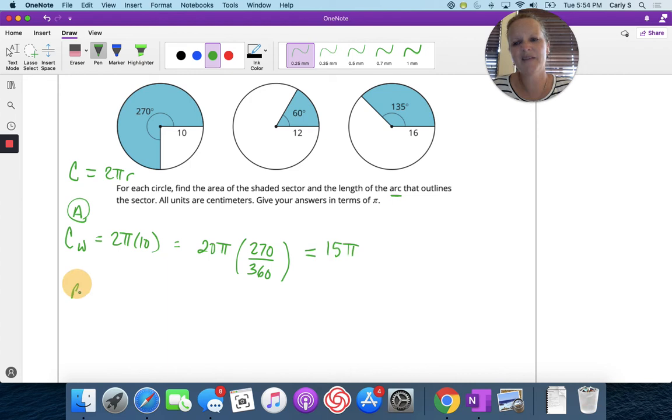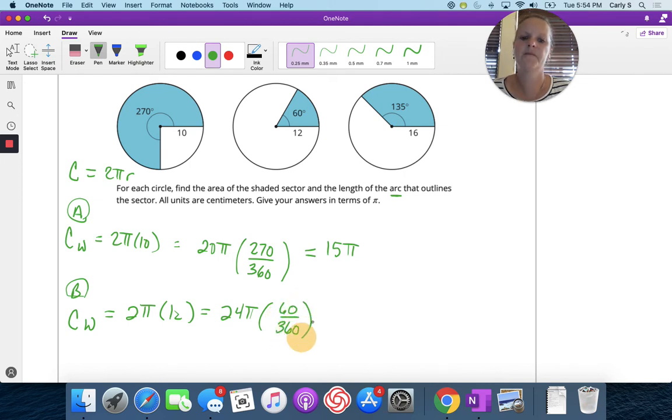See, not too bad. So the circumference of the whole thing is going to be 2 pi times 12, which is 24 pi. We multiply it by just the proportion of that piece of pie in the circle.